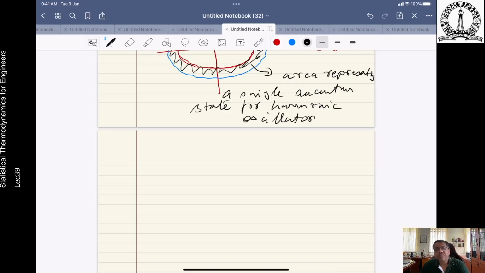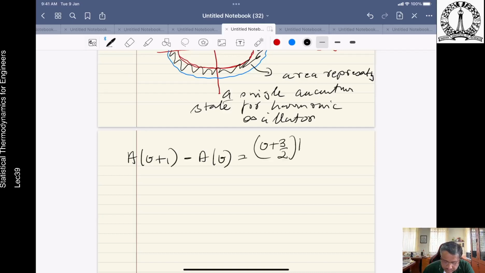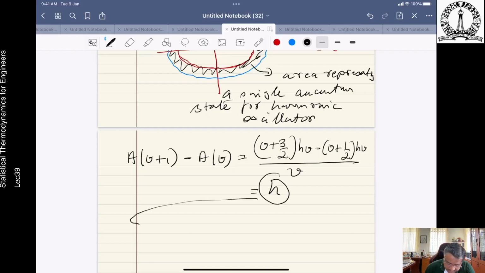Now using this figure, we can find the two areas, area A(v+1) minus area A(v), which is basically equal to h. So we find that this is Planck's constant.